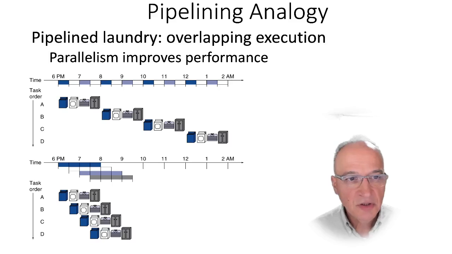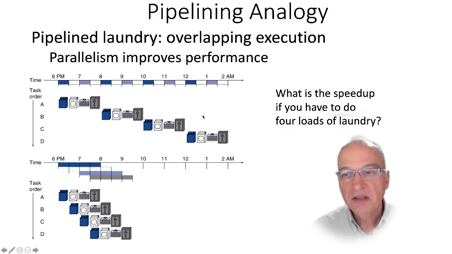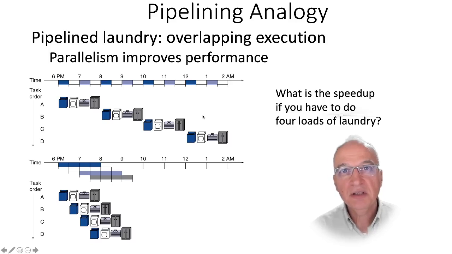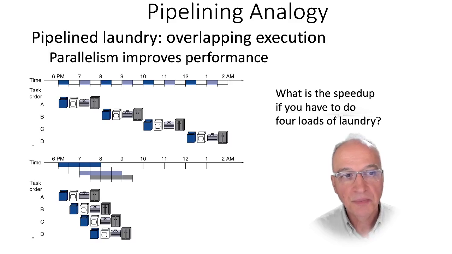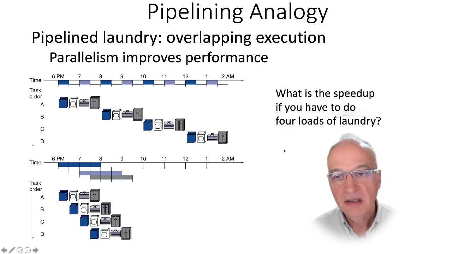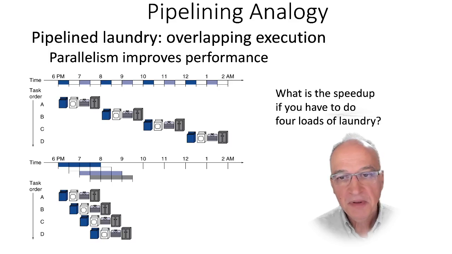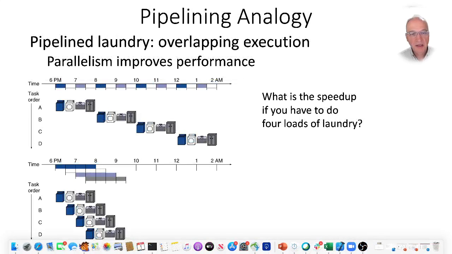We need to analyze our pipeline now and see how well we are doing. We want to know what is the speed up. The speed up, as we saw in our performance unit, is the quantification of how much faster a solution is compared with an alternative solution. So the speed up here will be how much faster can I do my laundry if I use this pipeline idea versus an operation where I do not do any pipelining.